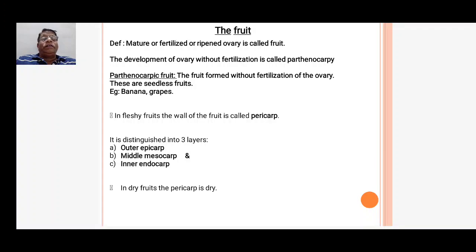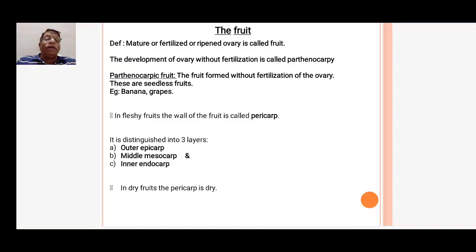See, the phenomenon is called parthenocarpy. The parthenocarpic fruits are naturally seedless. The fruit which is formed by parthenocarpy is called a parthenocarpic fruit.